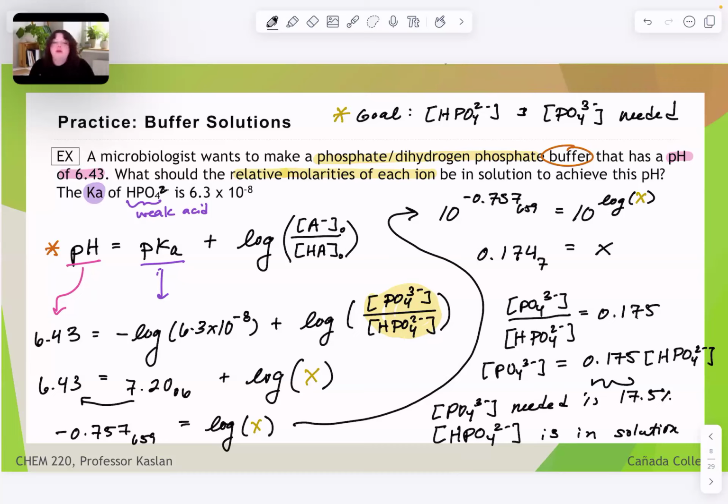So from there, with that information, the microbiologist could say, okay, well, I've got some 0.5 molar dihydrogen phosphate solution. How much sodium phosphate, a source of phosphate, would I need to dissolve so that that is now 17.5% of that 0.500 molar? So we always prepare a buffer by having some weak species and then adding its conjugate to it.